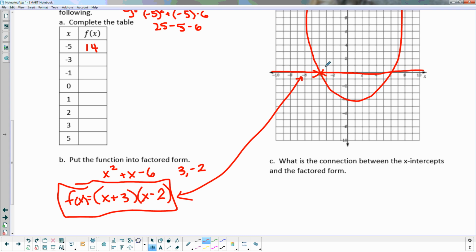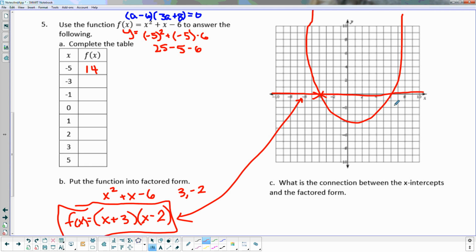Note that my graph is not correct. That's just a general idea of what it's going to look like, but there will be a connection between this red line, this U shape that you get, and the factored form. I want to know what that connection is.